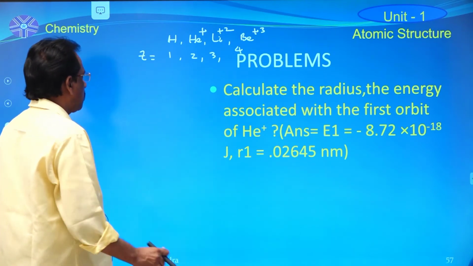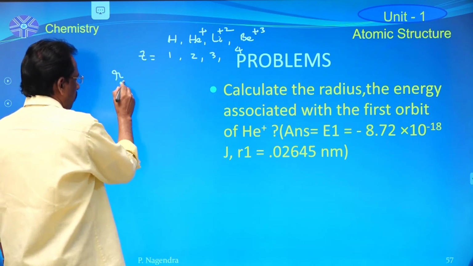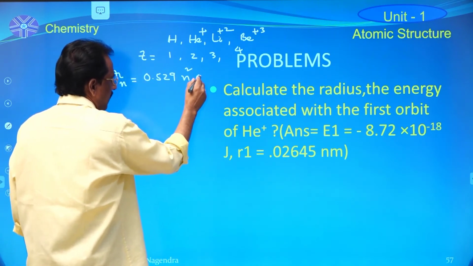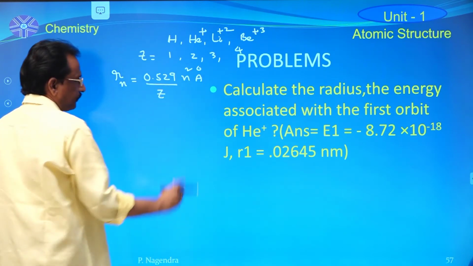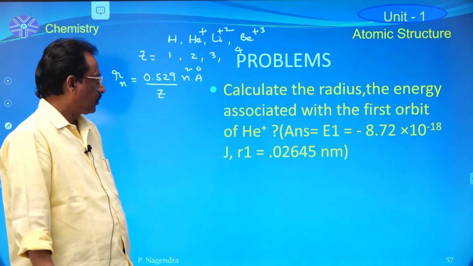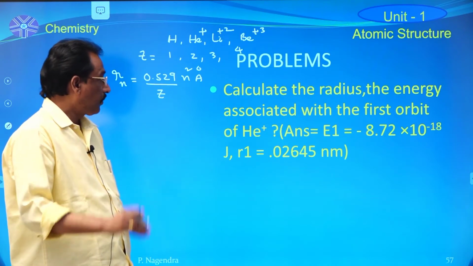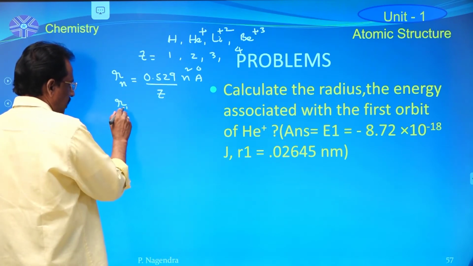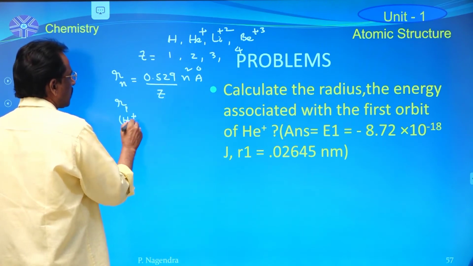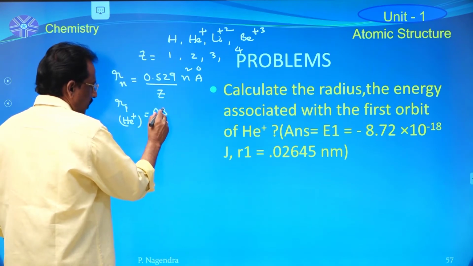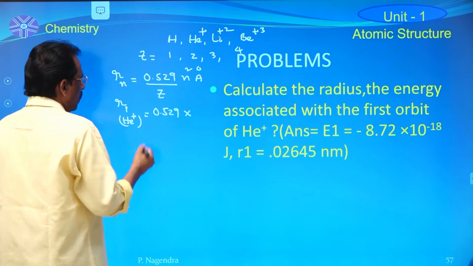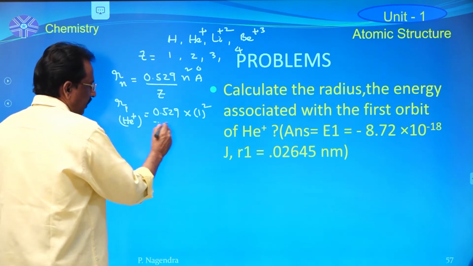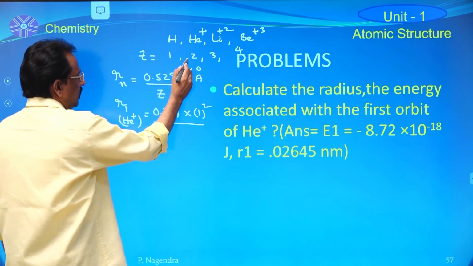Now, according to Bohr's theory of hydrogen atom, the radius of the nth orbit is equal to 0.529 n square angstrom divided by Z. If you want to calculate radius of the first orbit of He plus, now that formula becomes radius of the first orbit of He plus is equal to 0.529 into 1 square, so value of n is equal to 1, divided by, for He plus ion, value of Z is equal to 2.